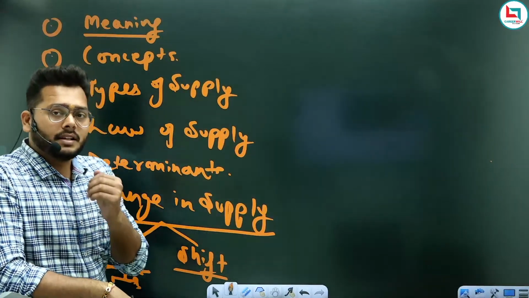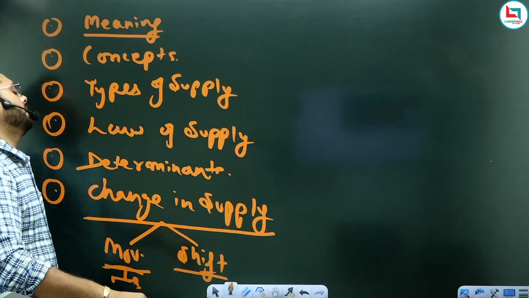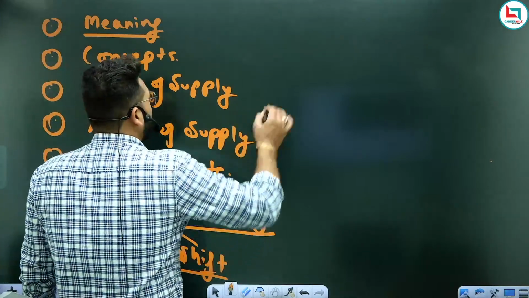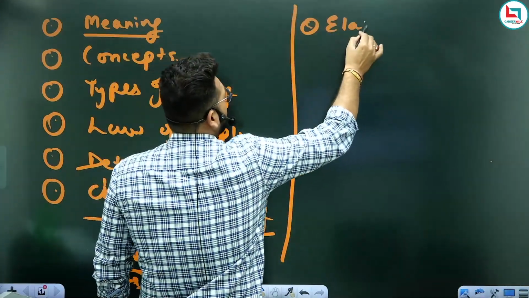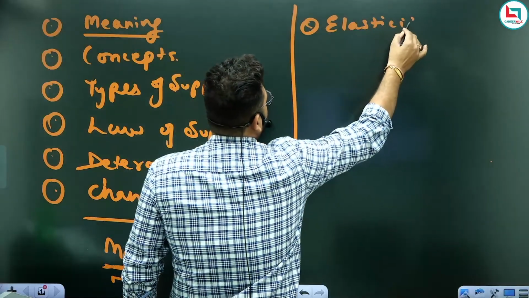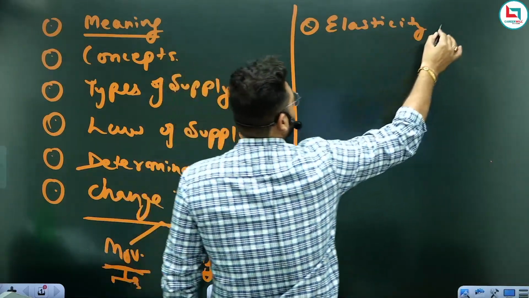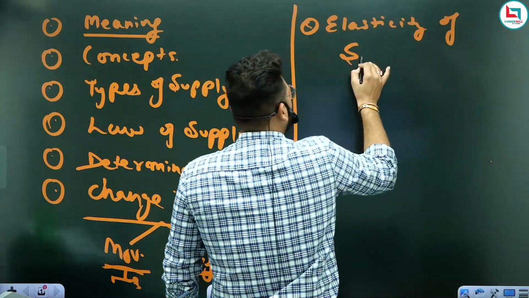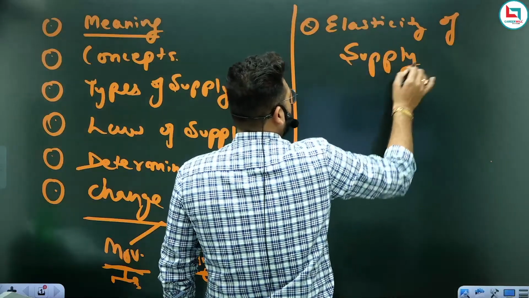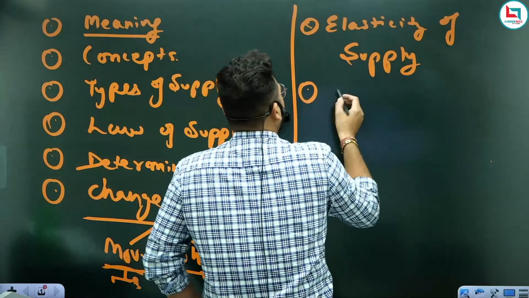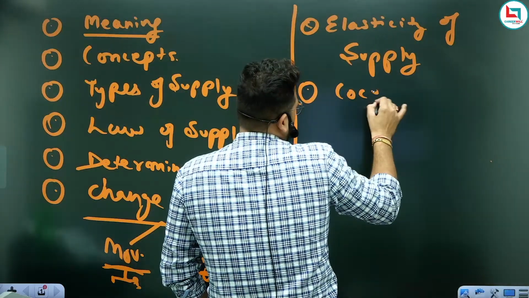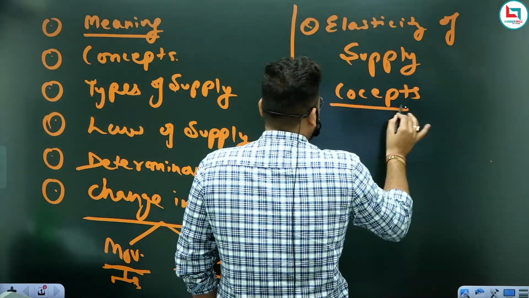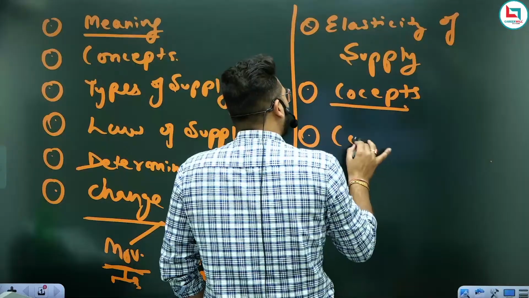So this is the major part that we have completed in supply. Then we have discussed the meaning of elasticity of supply, and then we have done some concepts.